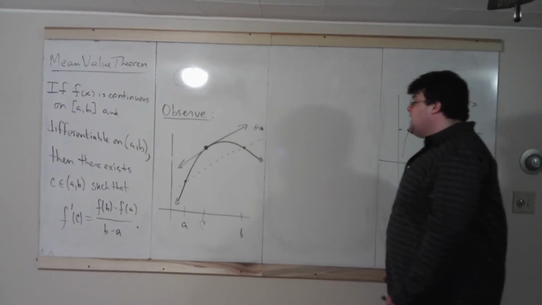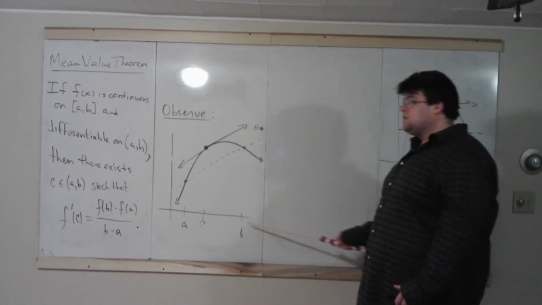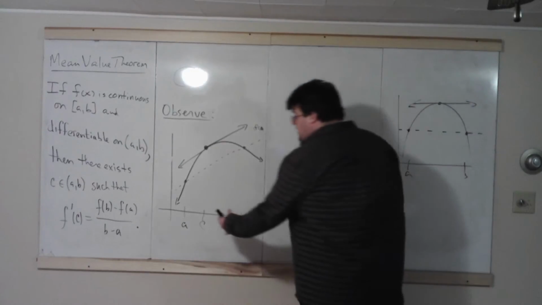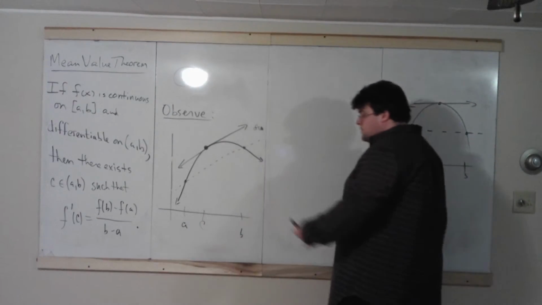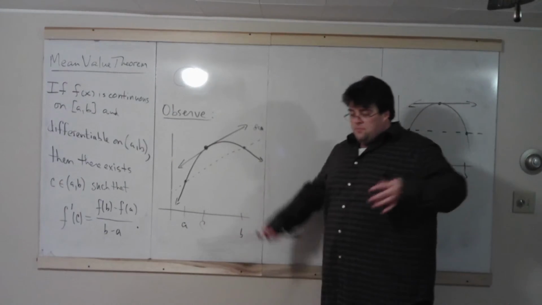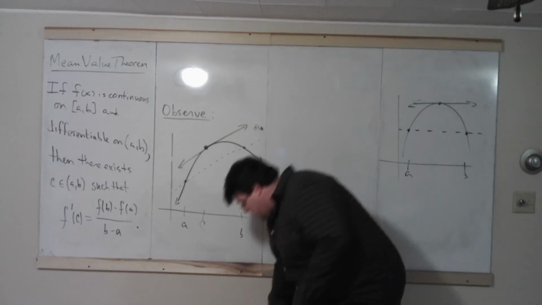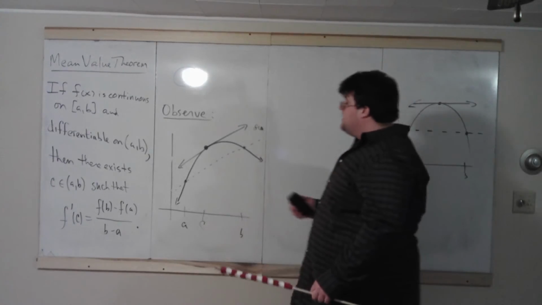It tells us a lot of information about what the derivative does on intervals. And when you can tell what derivatives do on intervals, you can kind of piece together intervals so that you get the entire real line.